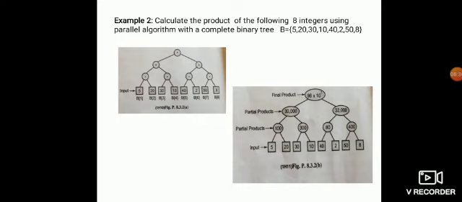For instance, 5 into 12 is 60, after that the partial results are combined in the bottom-up approach to get the final result at the root of the complete binary tree. Got it, this example?